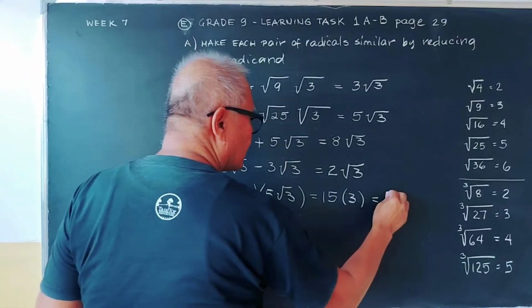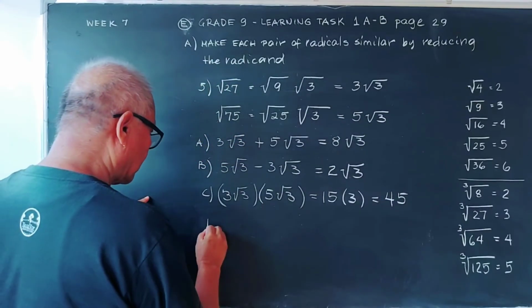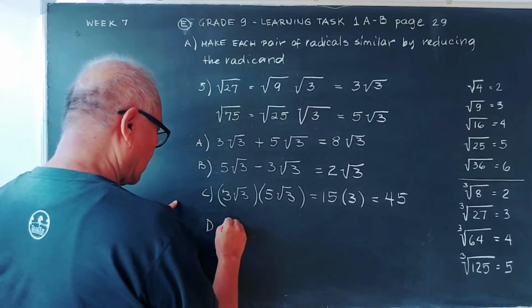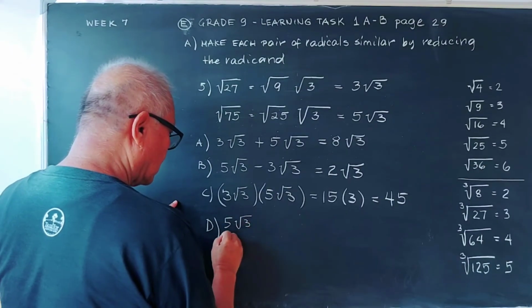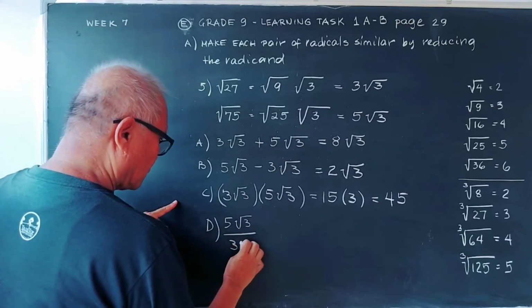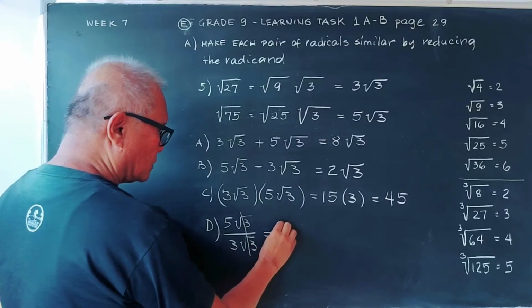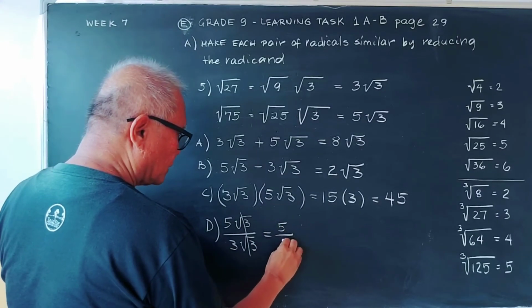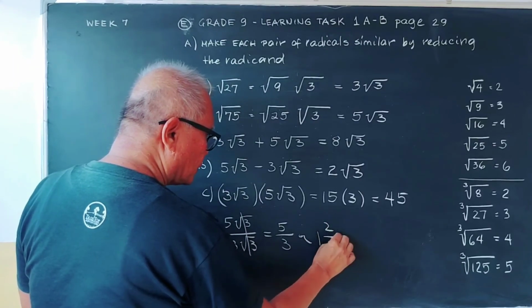So, 15 times 3 is 45. Letter D, division. 5 square root of 3 over 3 square root of 3, cancel. So we have 5 over 3 or 1 and 2/3 again.